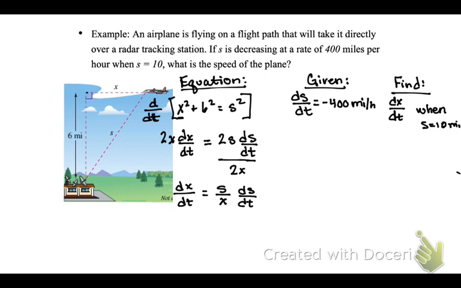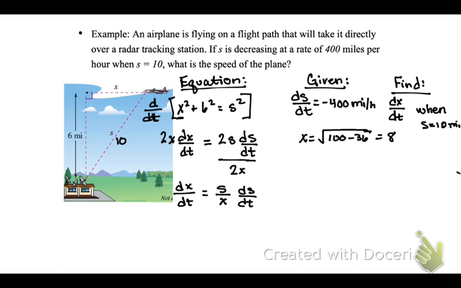So x would equal the square root of 100 minus 36, which would be 64, which is 8. Actually, it's plus or minus 8.